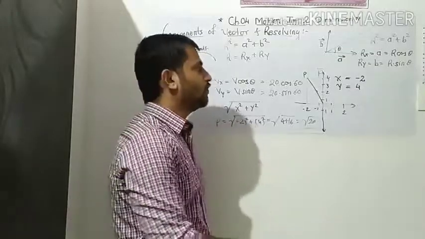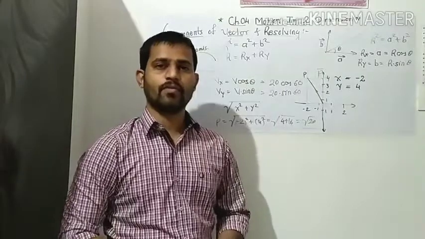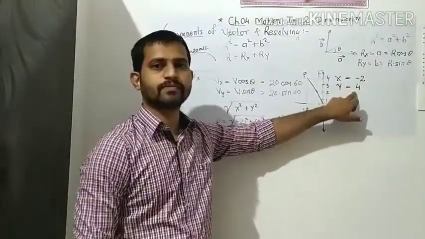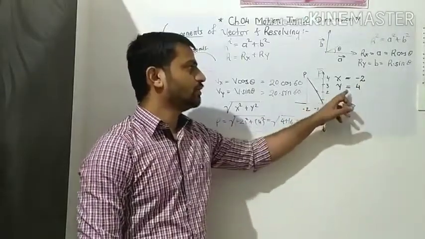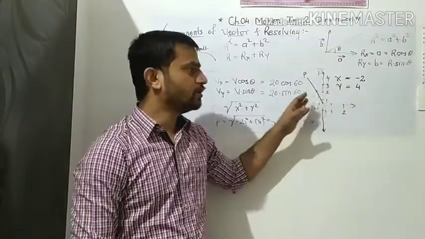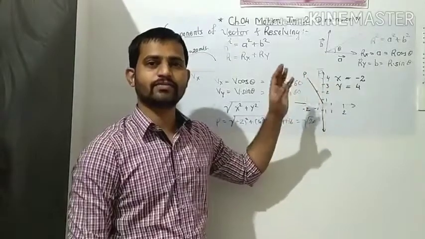So from this we can find the position also. We know its component along the x is -2 and along the y is 4, so we can find its position by drawing it on the graph. We can use the graphical method to find its position.